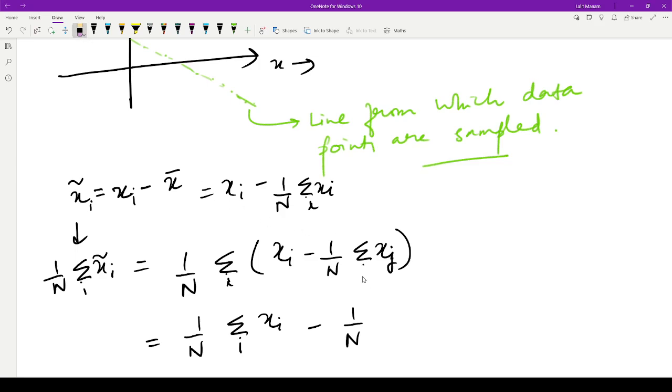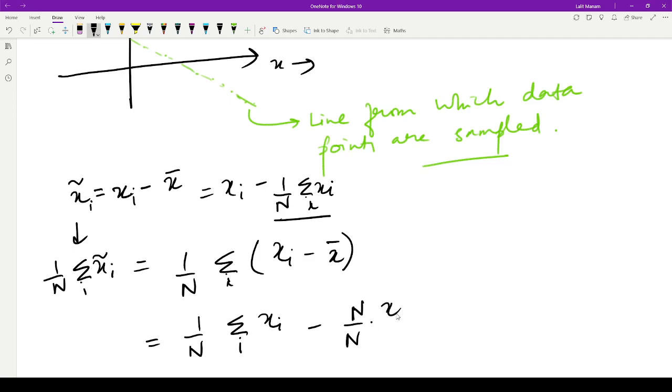Zero, right? Then your mean will be zero. How? If you solve for it, the n and n will cancel for x bar.